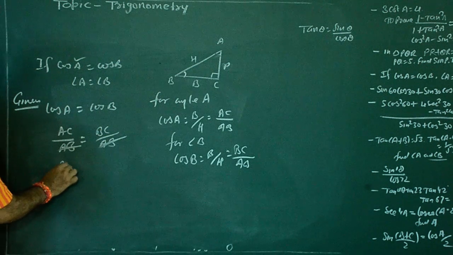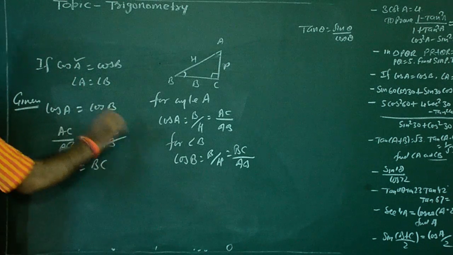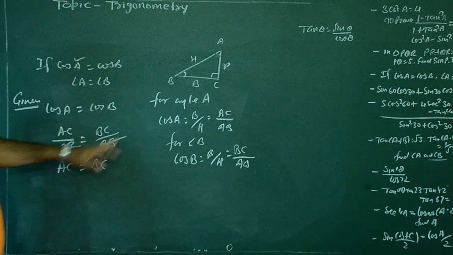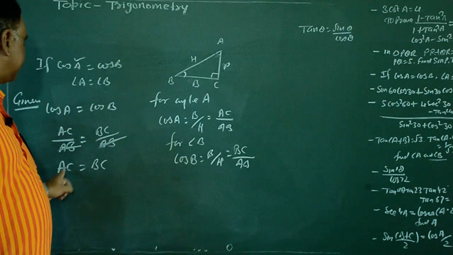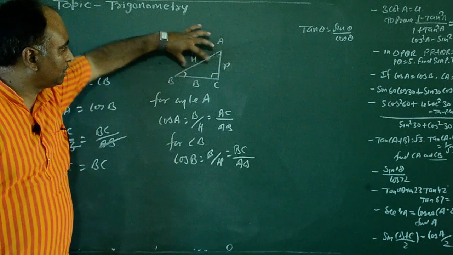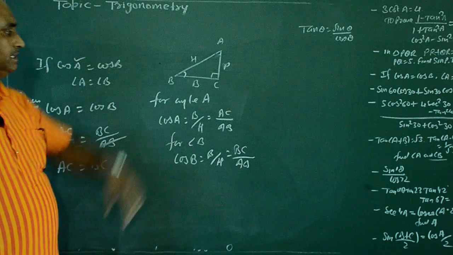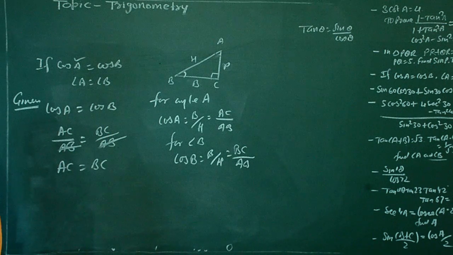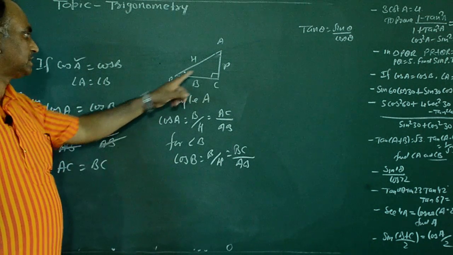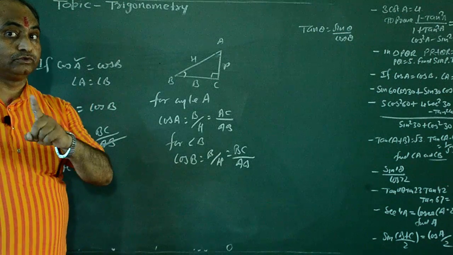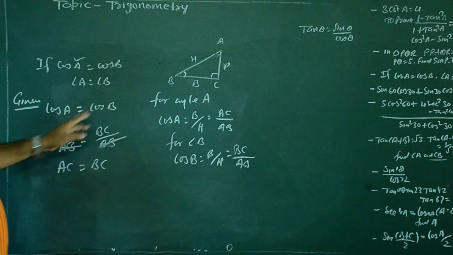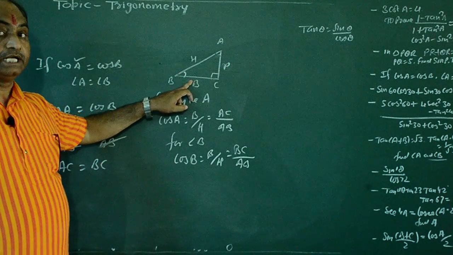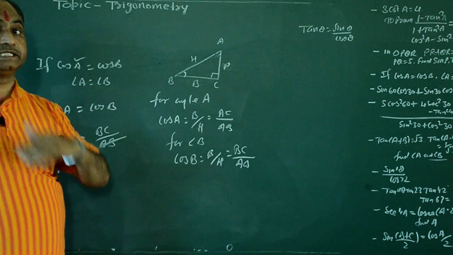AB cancels, and you have AC equal to BC. Look here in this diagram, AC equals BC. If in any triangle you have two sides equal, then you know the rule. What is the rule? The angles opposite to the equal sides are equal.